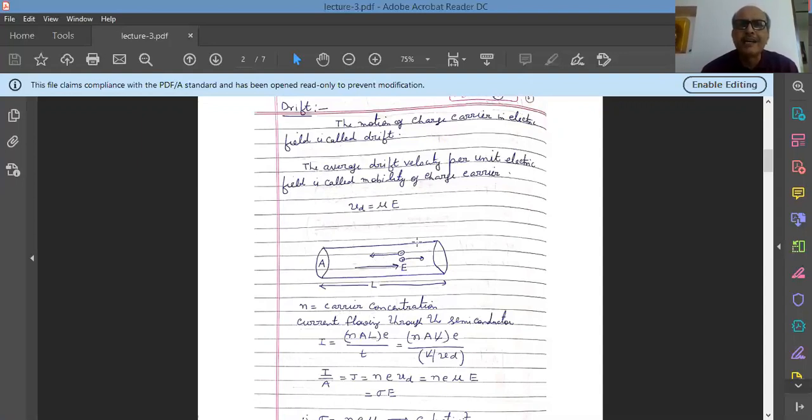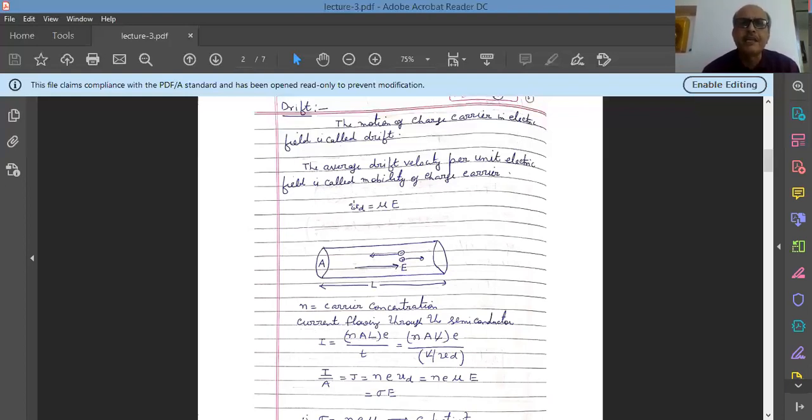So the total charge contained in this piece of metal will be n A L e. Suppose t is the time taken by the carrier to travel a distance L. Using the simple definition of current, I = Q/t, we can write I = n A L e / t, where t is the time taken by the electron to travel this distance.